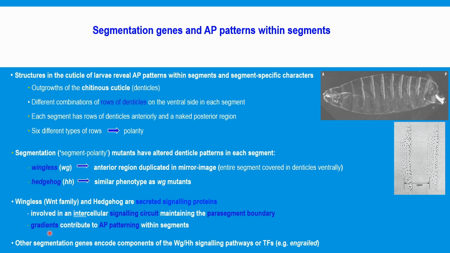And they form gradients that contribute to this anterior-posterior patterning within the segment. And the other segmentation genes picked out in screens encode components of the wingless or the hedgehog signaling pathways or transcription factors such as engrailed.